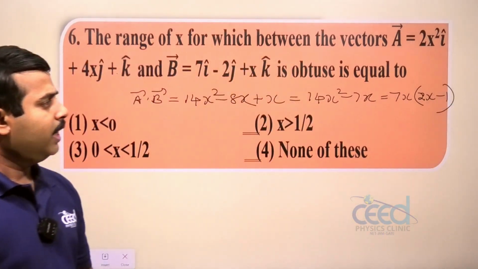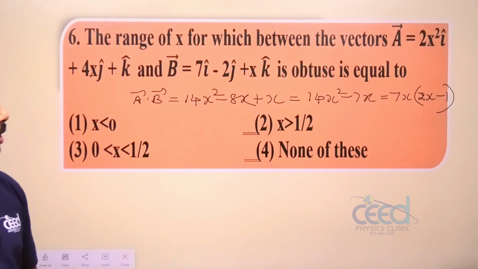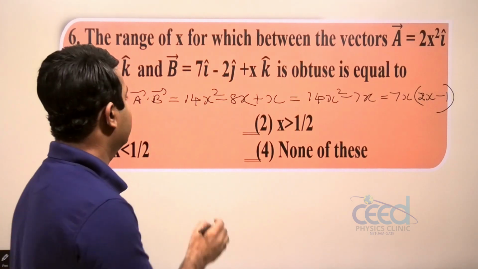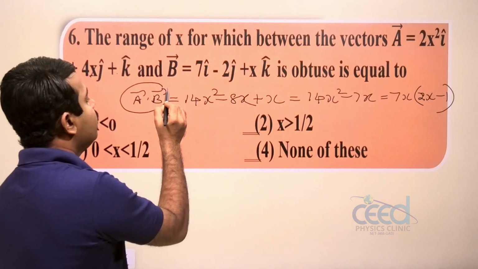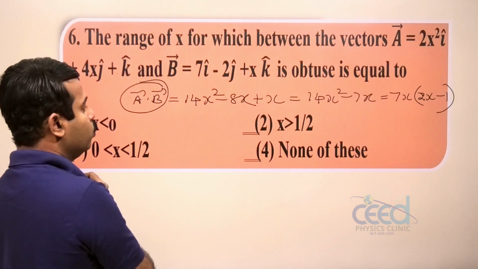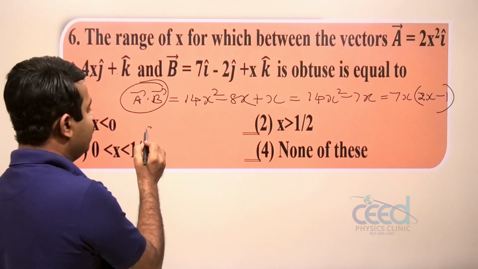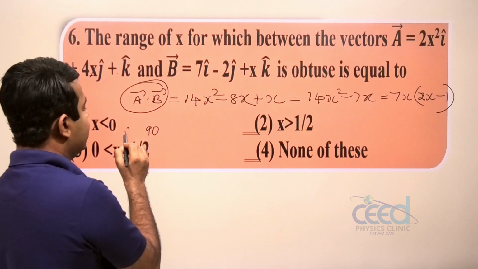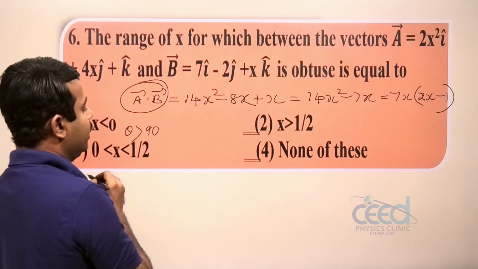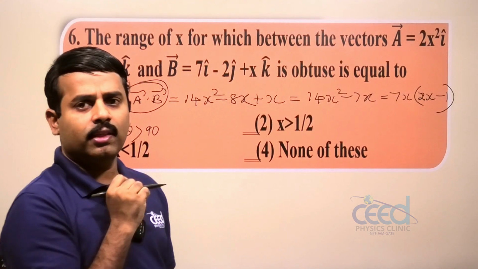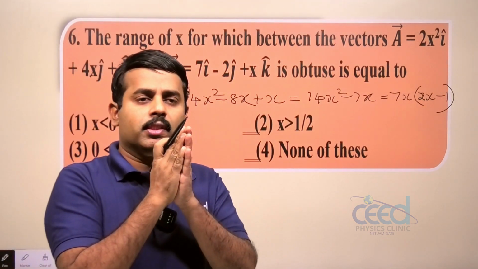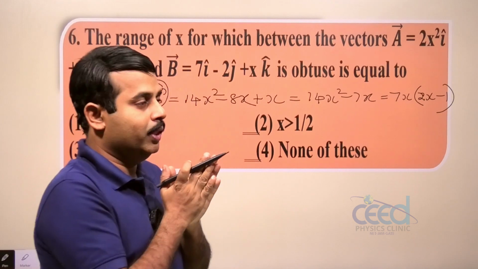Now the angle between them is obtuse, that is given. If the angle between them is obtuse, it means greater than 90 degree. Theta is greater than 90 degree. If theta is greater than 90, what is the value of A dot B?